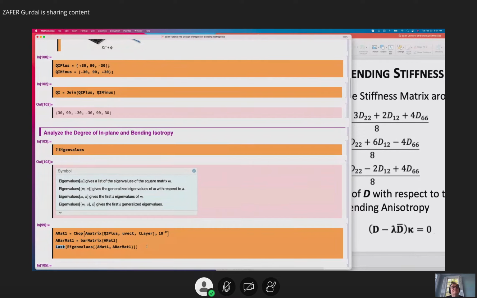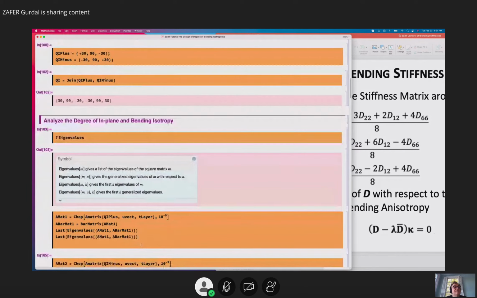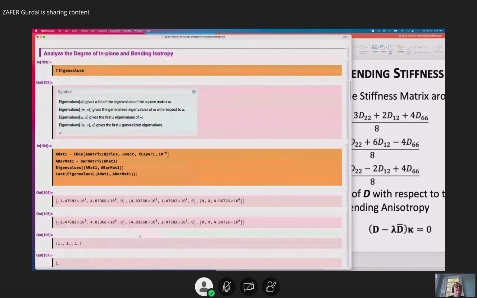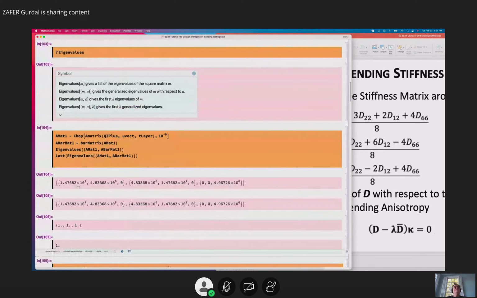So actually, if you want, I can also do 3 lines in here. First show all eigenvalues, and then the last eigenvalue. So let me execute this line. So the A matrix is this.